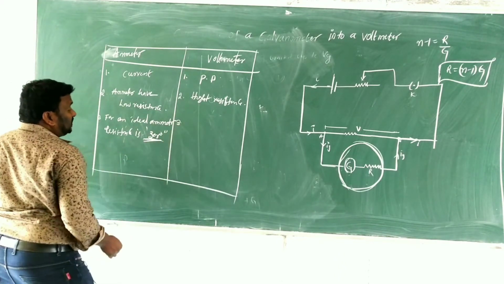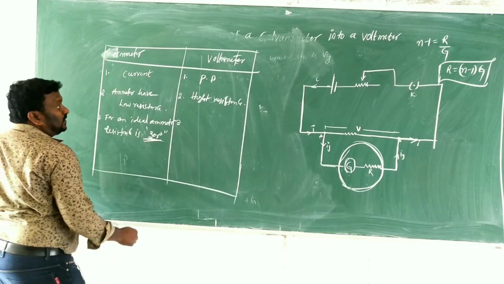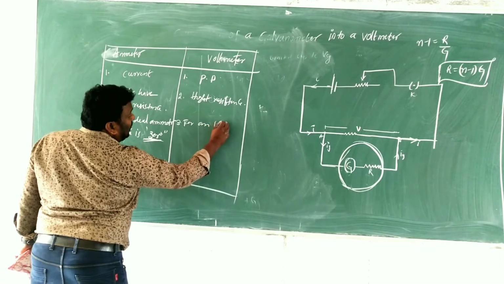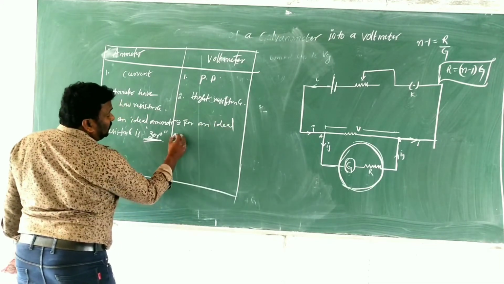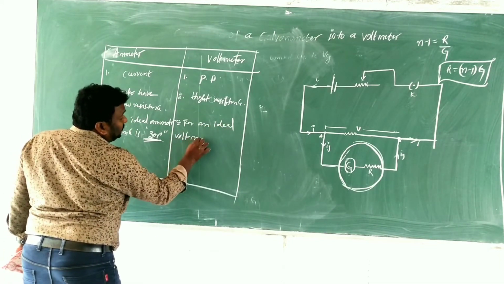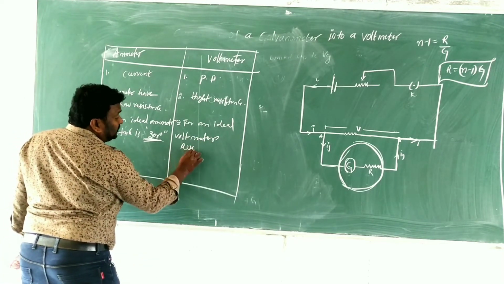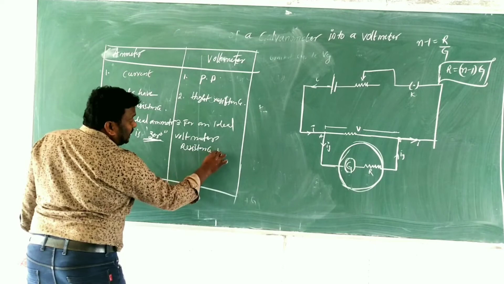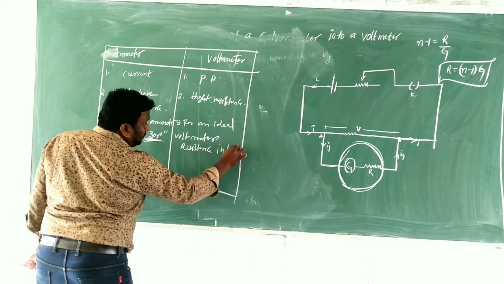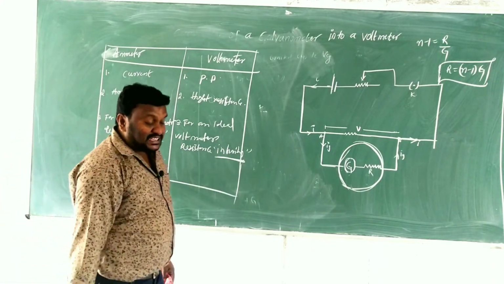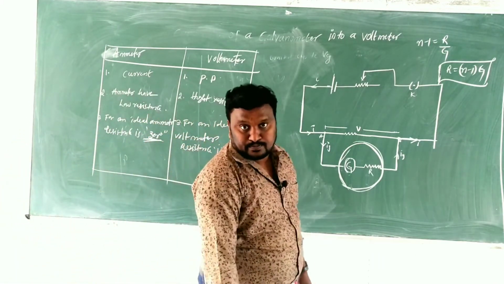There is no ammeter with 0 resistance. And next, children, for an ideal voltmeter, the resistance value is infinity. Children, in practice it is not possible.